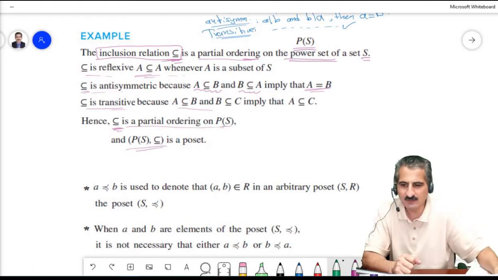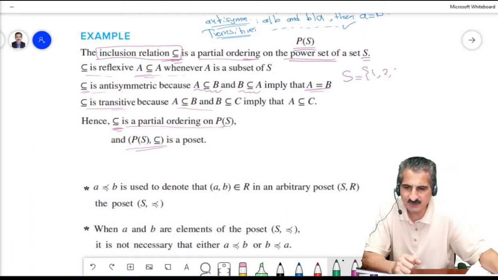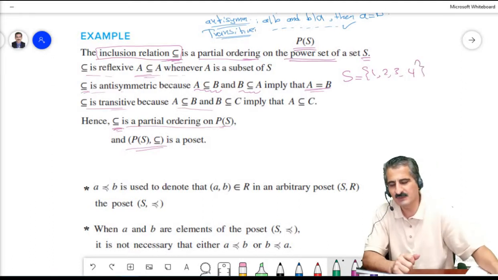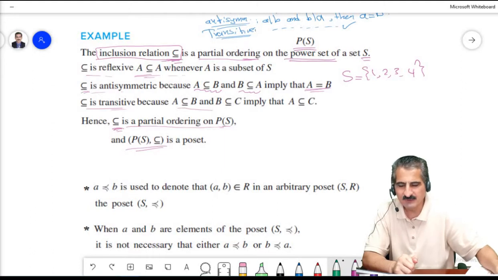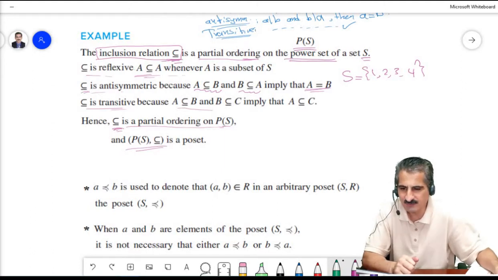And I would like you to go and make some fun. Take S to be 1, 2, 3, 4, and make a diagram that we will do in a while, but I would like to do some of them here. Like I would say {1, 2} is contained in {1, 2, 3}, and {1, 4} is contained in {1, 3, 4}, representing the relation.